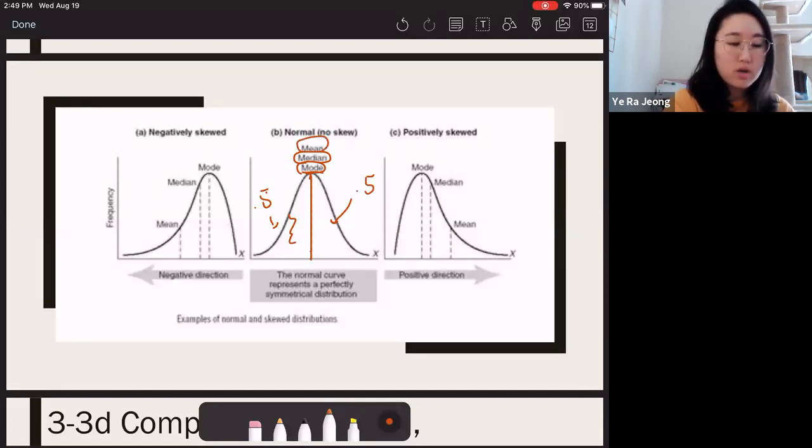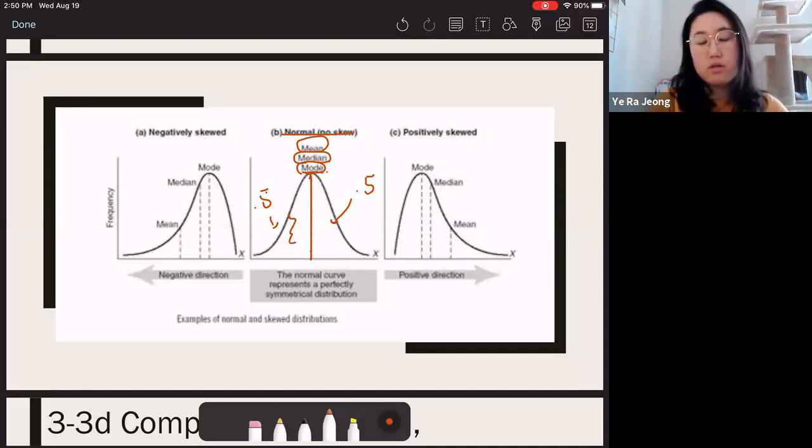So when your data are normally distributed, your mean, median, and mode are all the same. Of course, in real data, the data might not always be perfect. So the mean, median, mode might not be exactly the same number, like 15.5. But as long as they're around the same range of scores, really close to each other, then even without looking at the graph, you know that the shape is normally distributed.